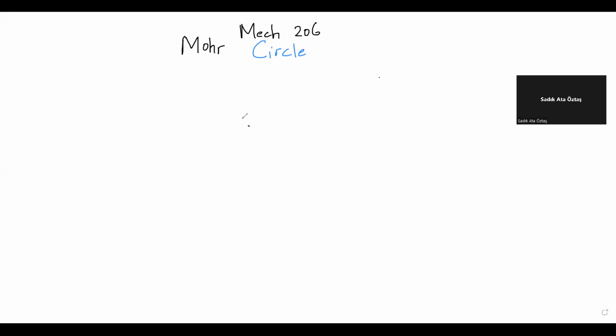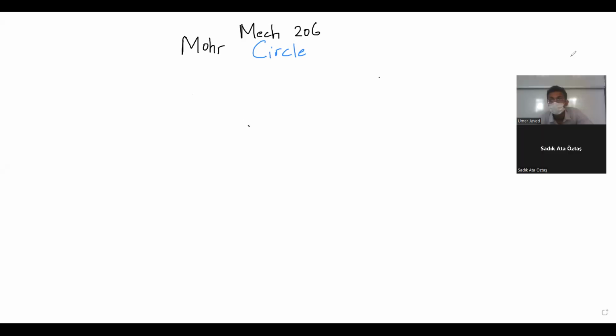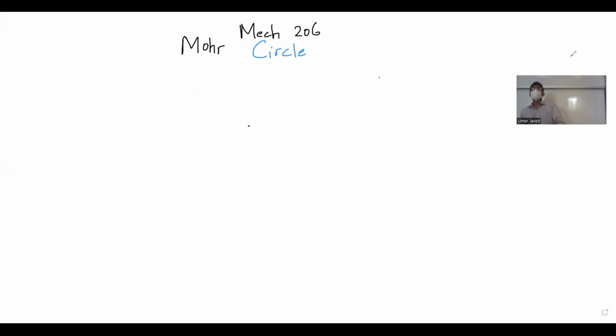So what exactly is the deal with the Mohr circle? The whole point is that we want one diagram which we can just have a look at, and immediately I would have an idea of what the different stresses are on different planes.